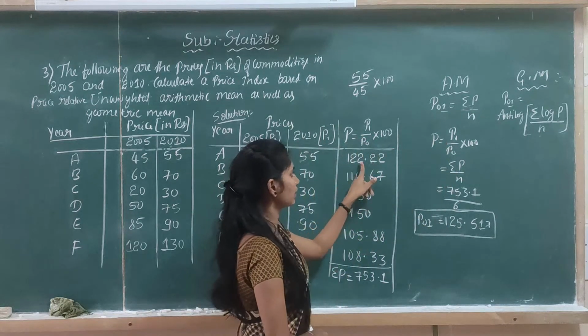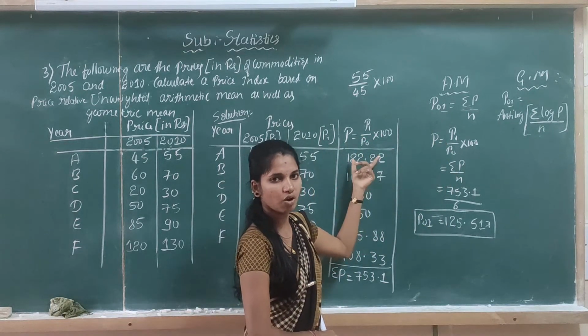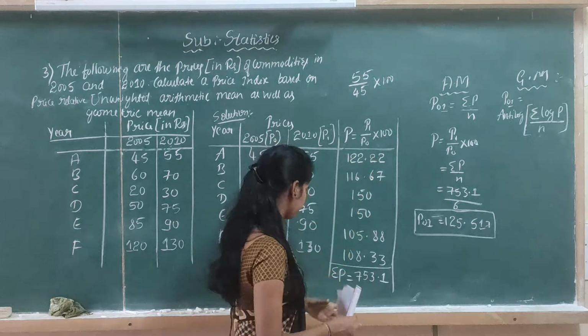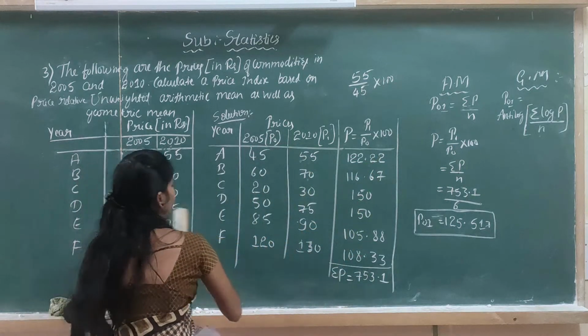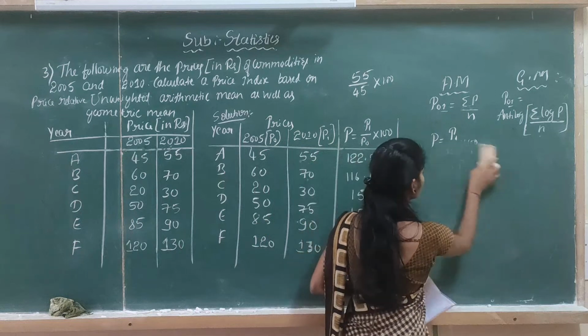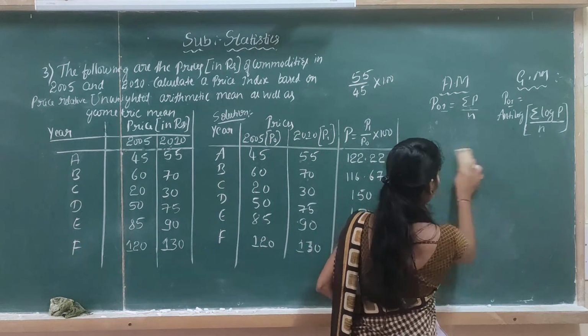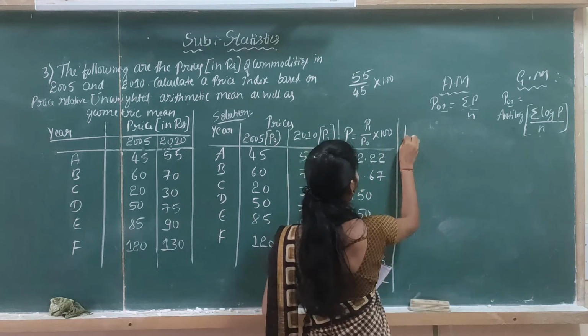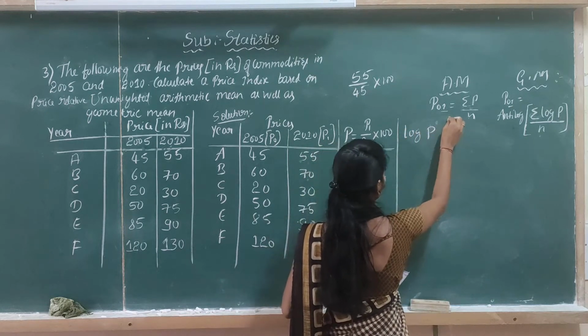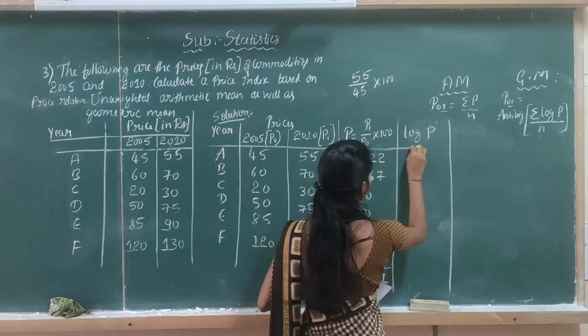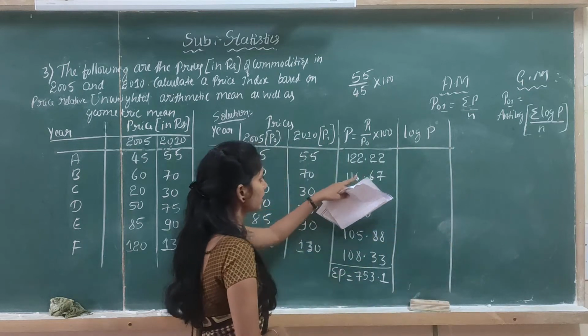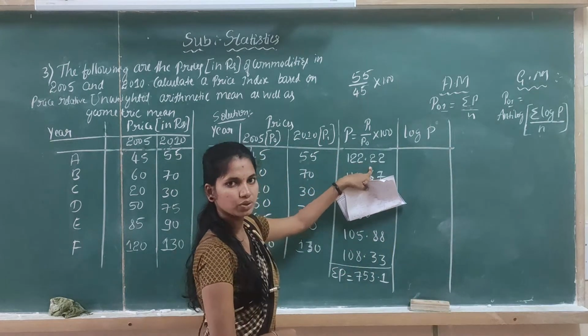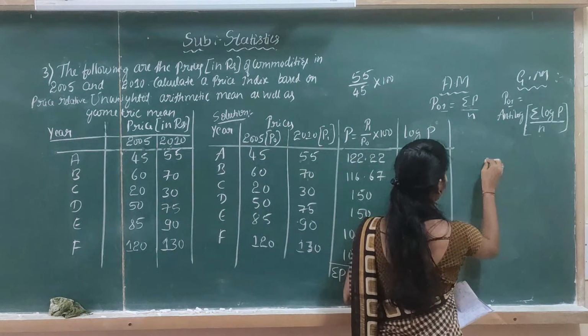The P value here is 122.22. Then what is the log of 122.22? So the next column is log P.